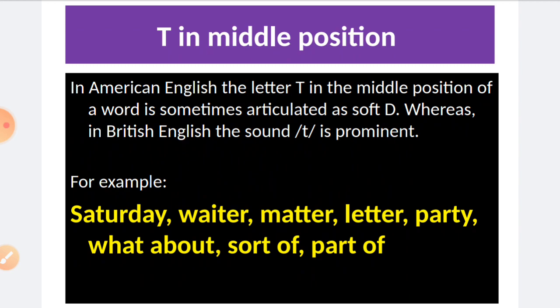Whereas in American English, the pronunciation is as follows: Saturday, waiter, matter, letter, party, what about, sort of, part of. So, in American English, the letter T in the middle position is sometimes articulated as soft D or the sound D.